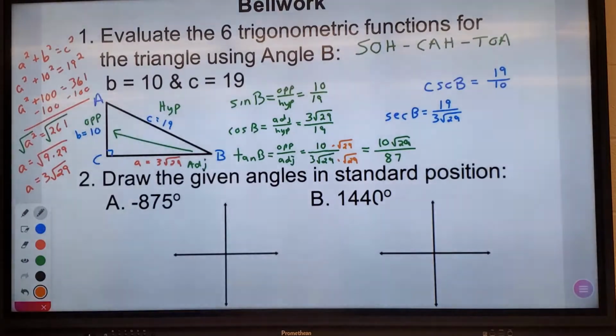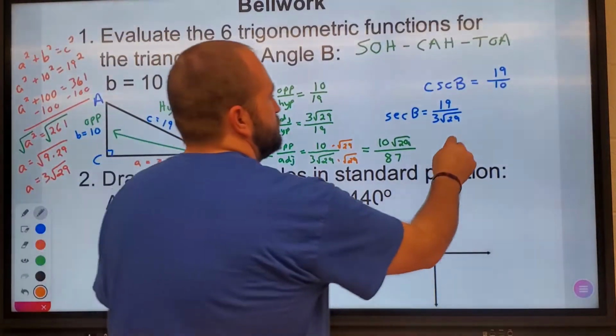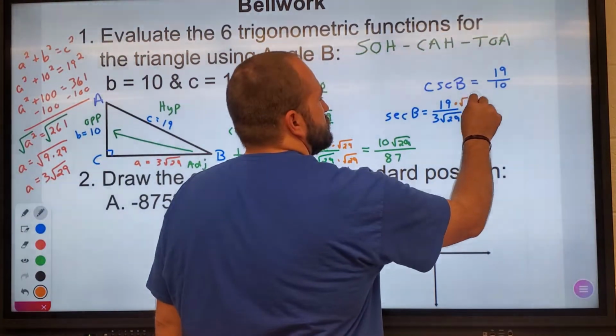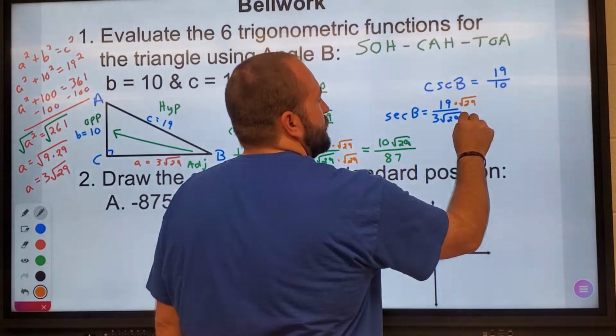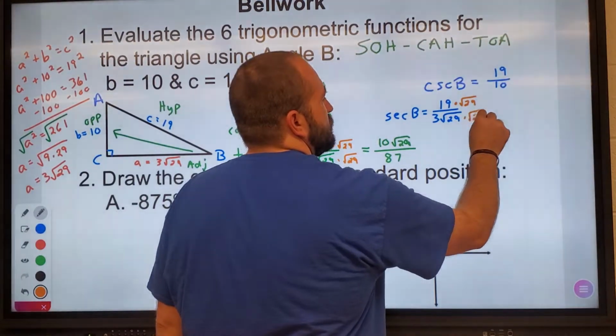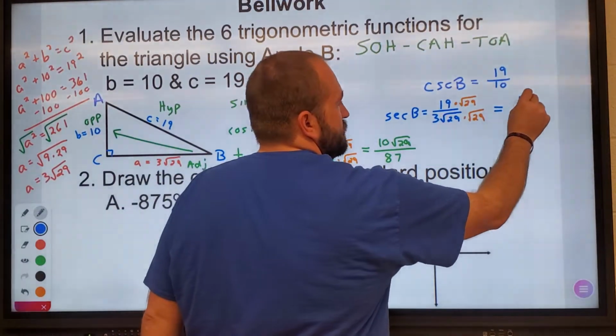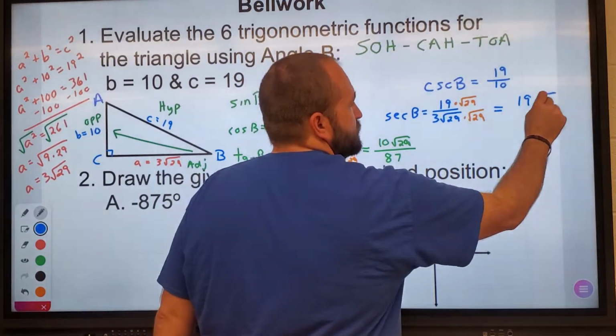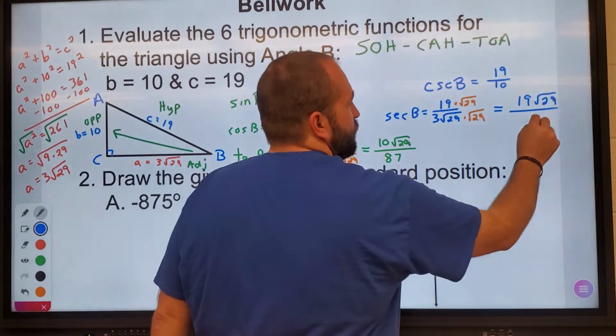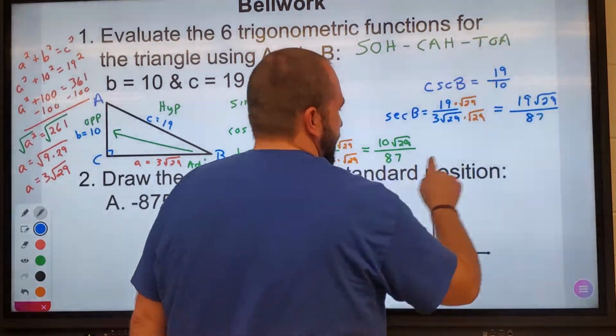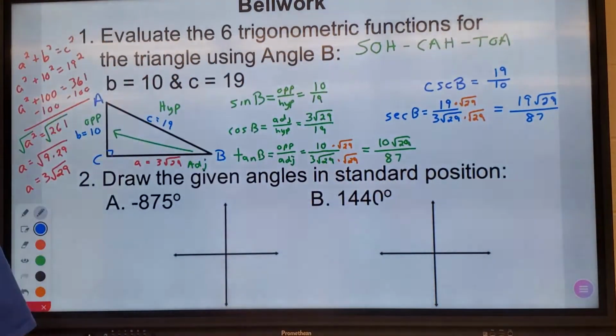And I can't have that square root, so I need to multiply the top and the bottom by the square root of 29, which is going to give me 19 square root of 29 over, again, that 87 from here, because 3 times 29.